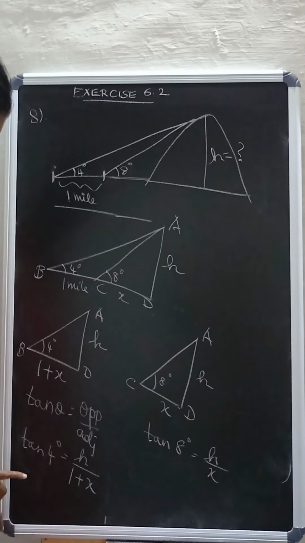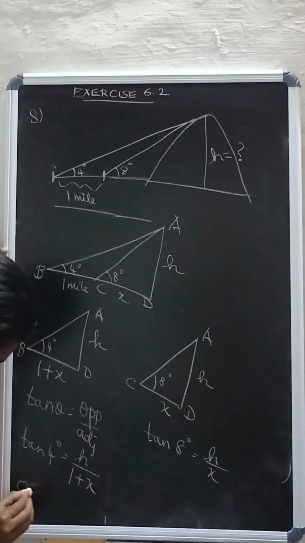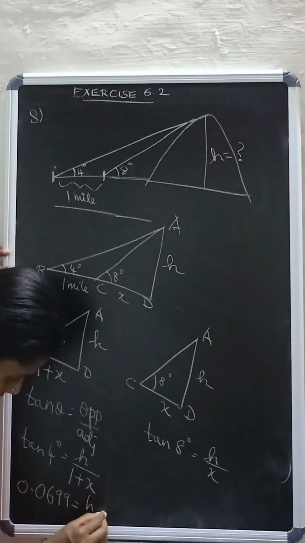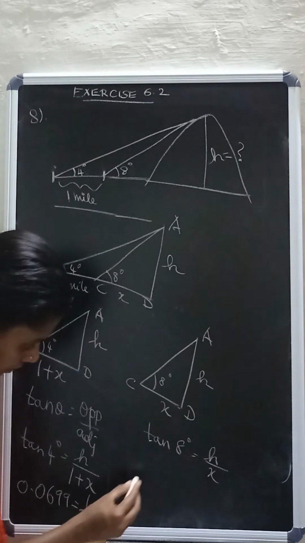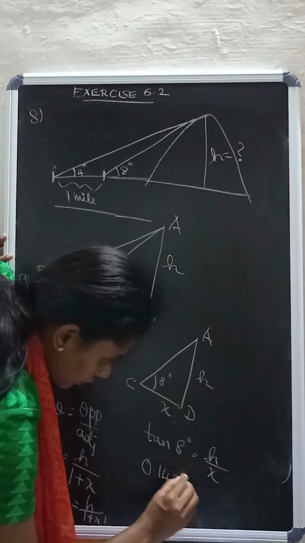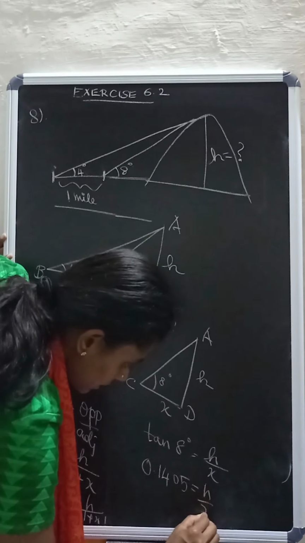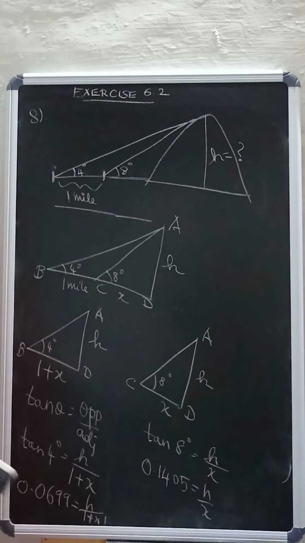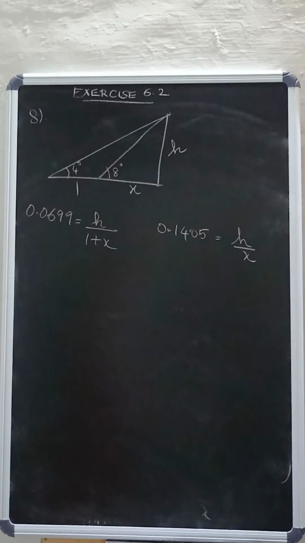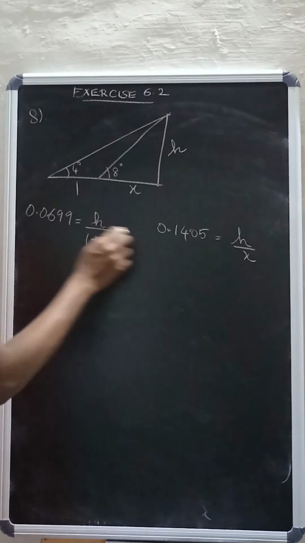Now we have the value of tan 4 degrees, 0.0699, is equal to h by 1 plus x. Here 0.1405 is equal to h by x. Now we have got these two equations.